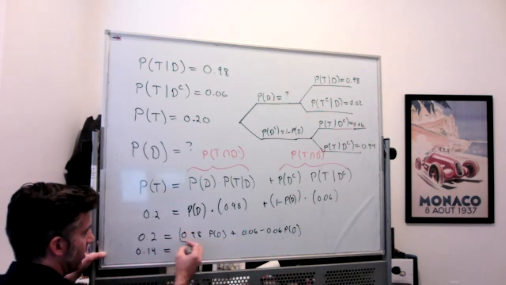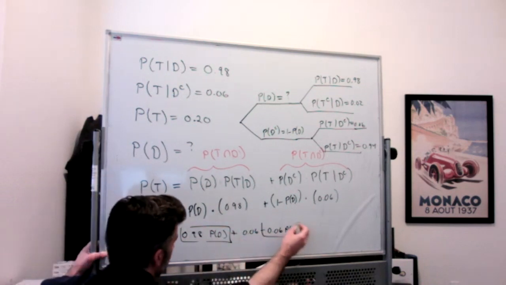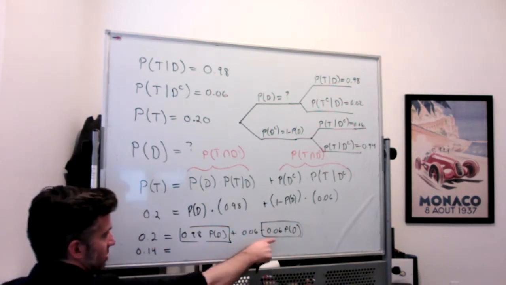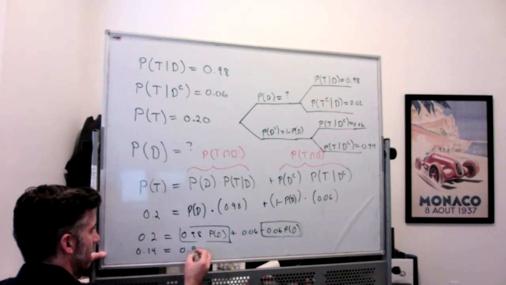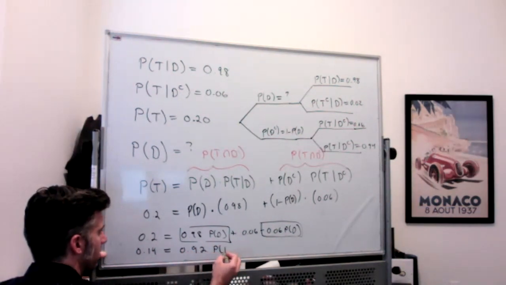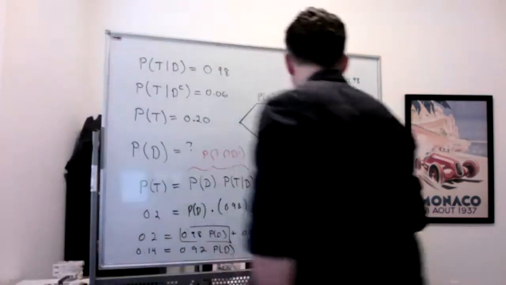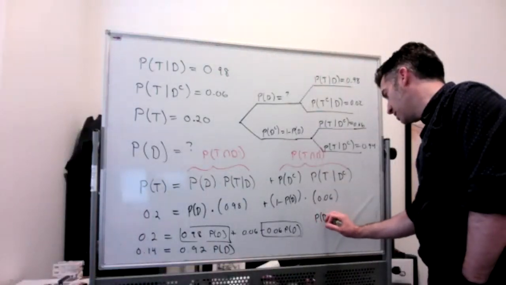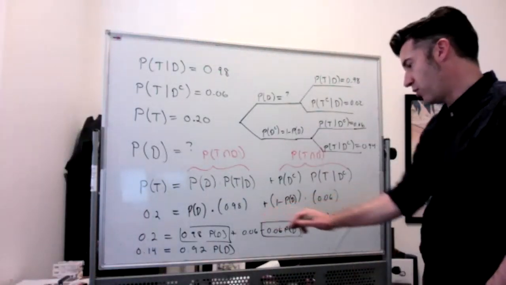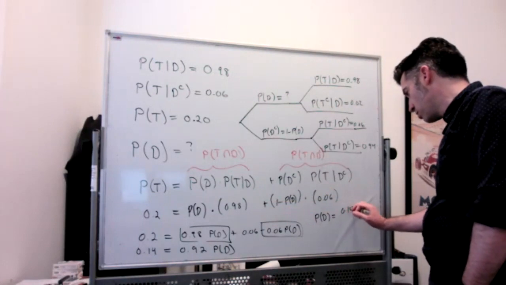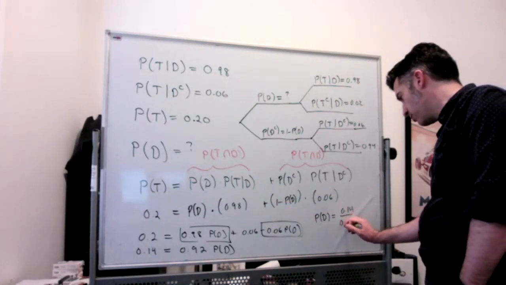And adding this term to this term, 0.98 minus 0.06 is 0.92 times P of D. So then we're going to end up getting the probability of having the disease is 0.14 divided by 0.92.